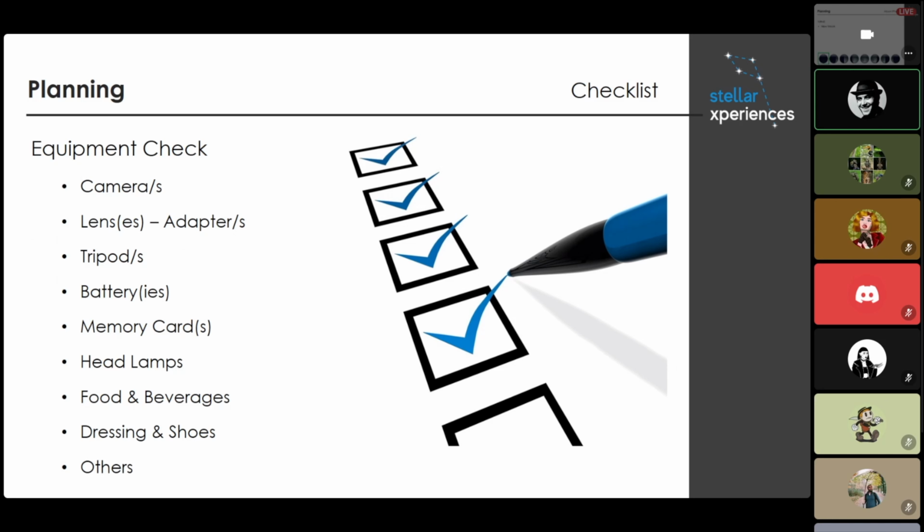For instance, you may have some pills to take, or some specific needs that you may have. You have to write a checklist, and like I said before, you have to improve this checklist every time.